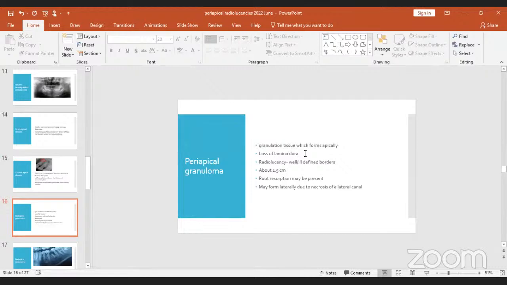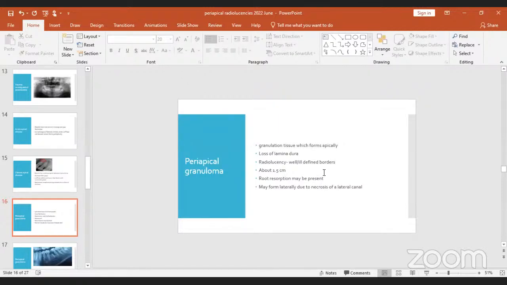When you do an extraction of a tooth, you'll find that periapically at the apical end, you have this soft, small mass of tissue that's attached to the root. So that's a granuloma.